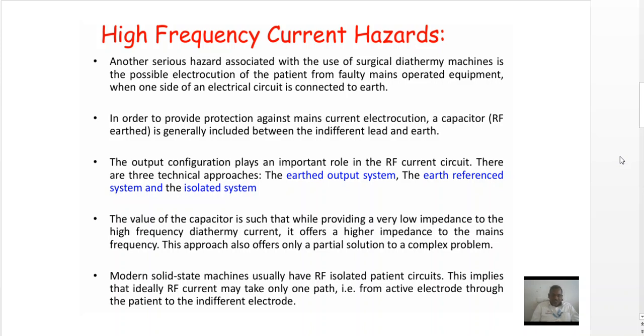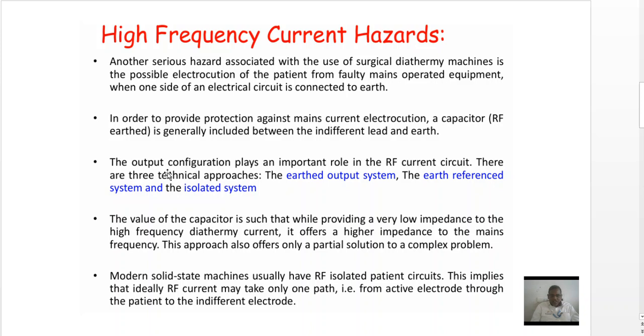Another serious hazard associated with the surgical diathermy machine is the possible electrocution of the patient from faulty mains operated equipment when one side of the electrical circuit is connected to the earth. To protect against mains current electrocution, a capacitor is generally included between the indifferent lead and the earth. This is for high frequency.